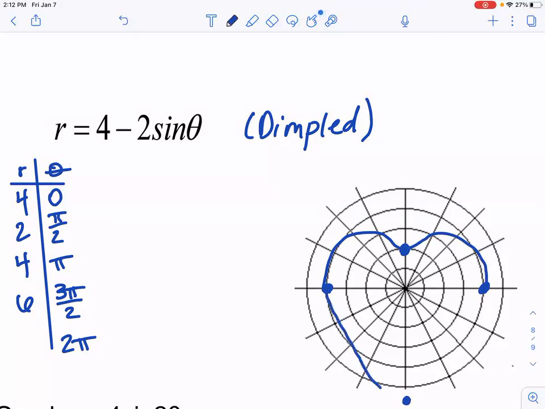So on our dimpled ones, please make sure that there is no sharp edge. It's very smooth. It's like the Pillsbury Doughboy's belly button.